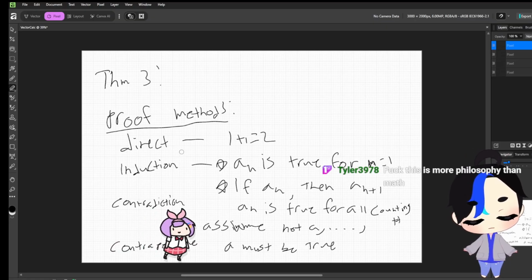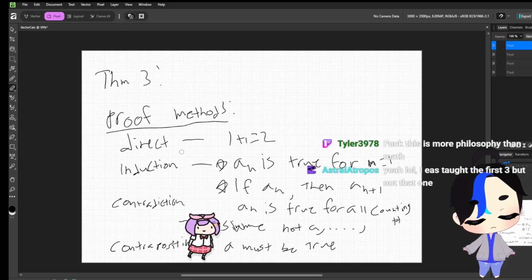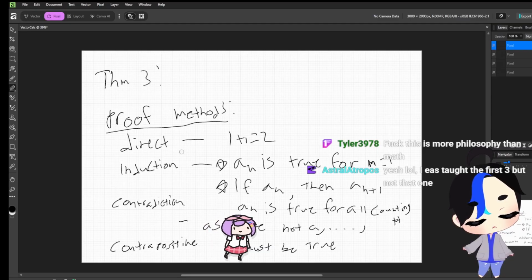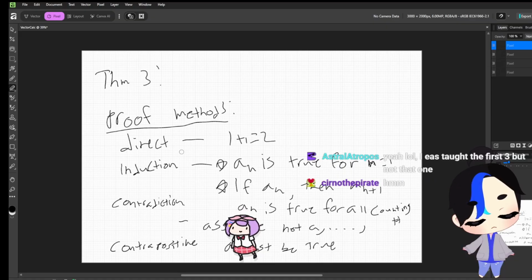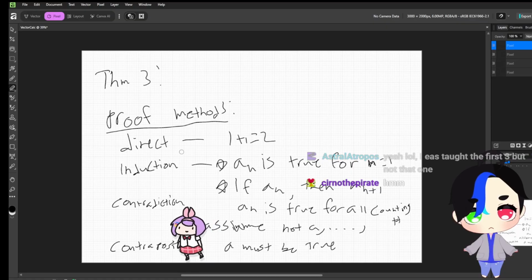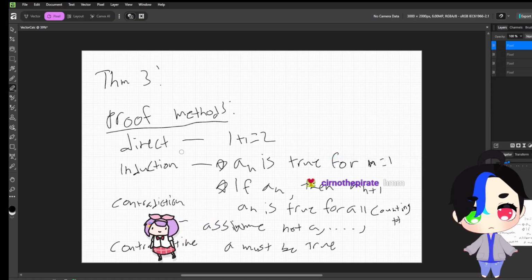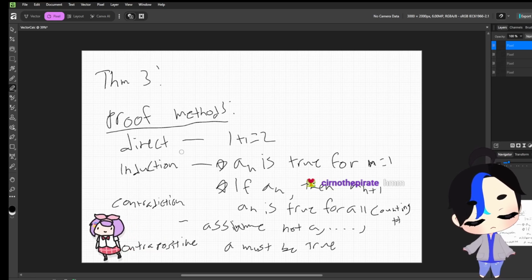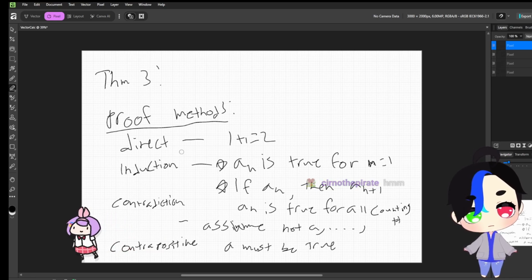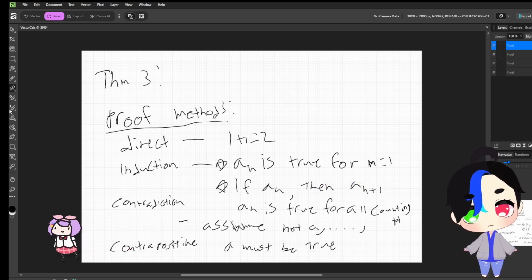There's a subset of philosophy that is just based on logic. Oh, interesting. If you want, Astral, I can explain it to you later, because that would be quicker. But yeah, proving things is an application of the subset of philosophy of logic.